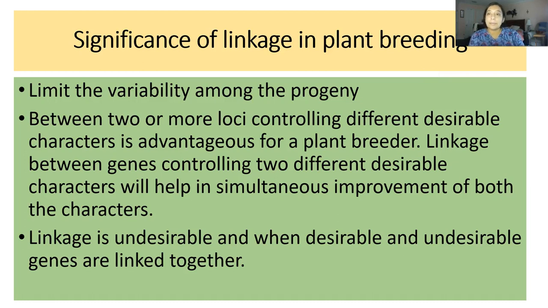So this is extremely important in plant breeding, because if we are trying to create a plant of a particular type, we want to limit the variability among the progeny to get exactly what we want. If you have two or more loci controlling the trait you are looking for, and they are linked, it's going to be easier to control them and simultaneously change them to meet our needs, versus if they are really far away.